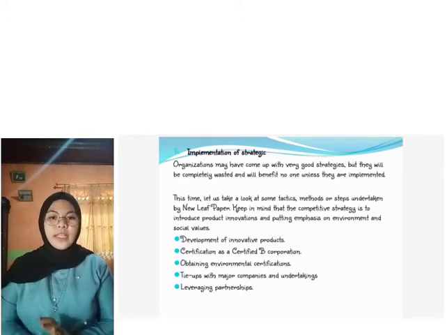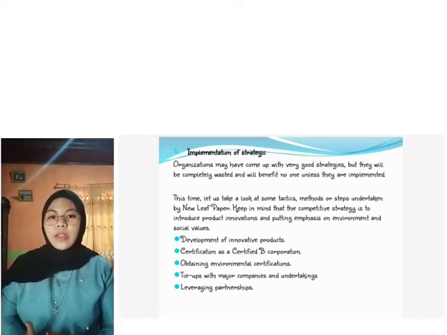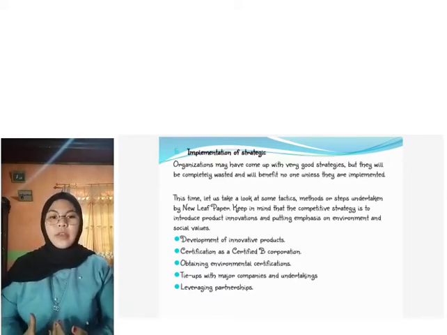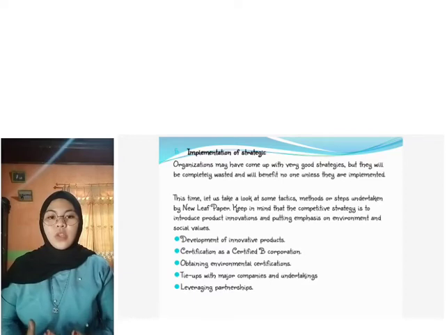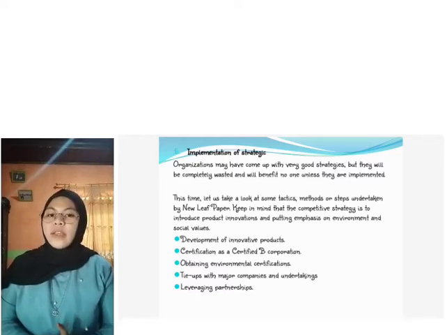5. Implementation of strategy. This lets us take a look at some tactics, methods, or steps undertaken by New Leaf Paper. Keep in mind that the competitive strategy is to introduce product innovation and put emphasis on environmental and social values. 1.